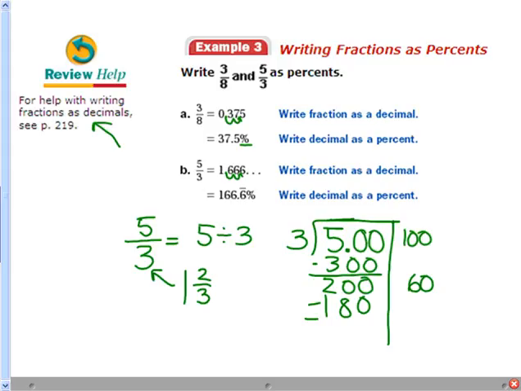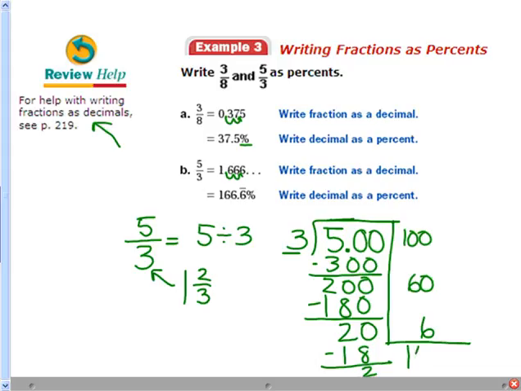And that's going to give me a remainder of 20. 3 still goes into 20 6 times. 6 times 3 is 18, so I've got a remainder of 2. Now my remainder is less than my divisor, the 3, so I'm going to stop and write a mixed number.